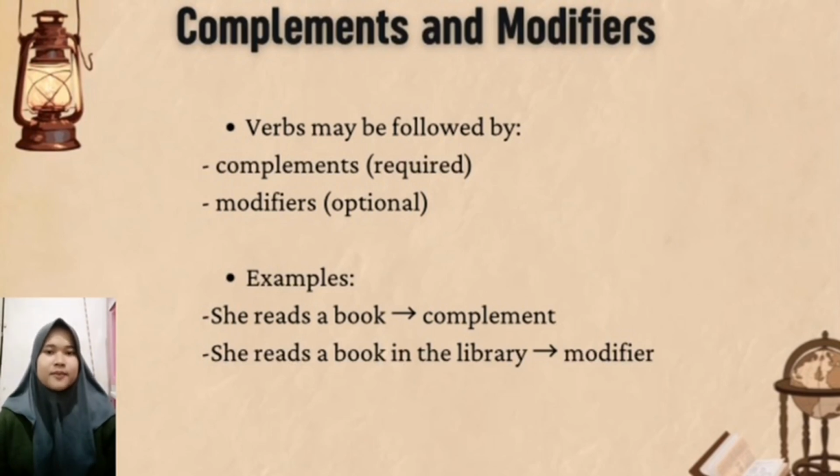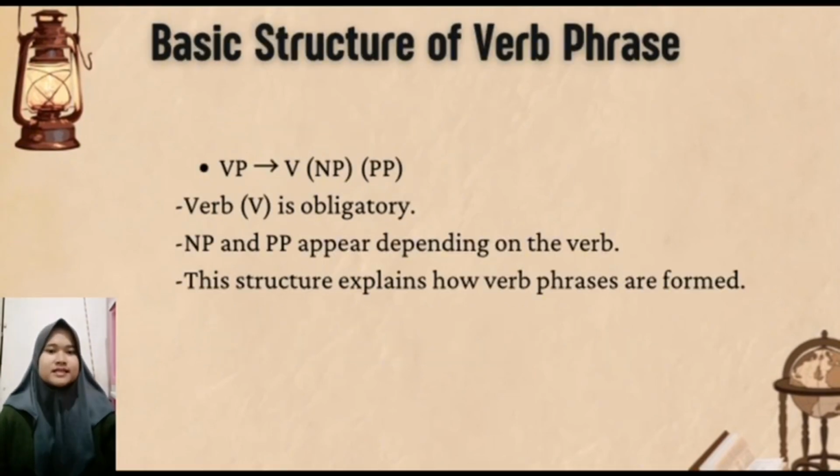And then the basic structure of verb phrase. Based on this explanation, we can describe the basic structure of verb phrase using a simple formula. This formula shows that a verb phrase must contain a verb, while noun phrase and prepositional phrase may appear depending on the verb's requirements.